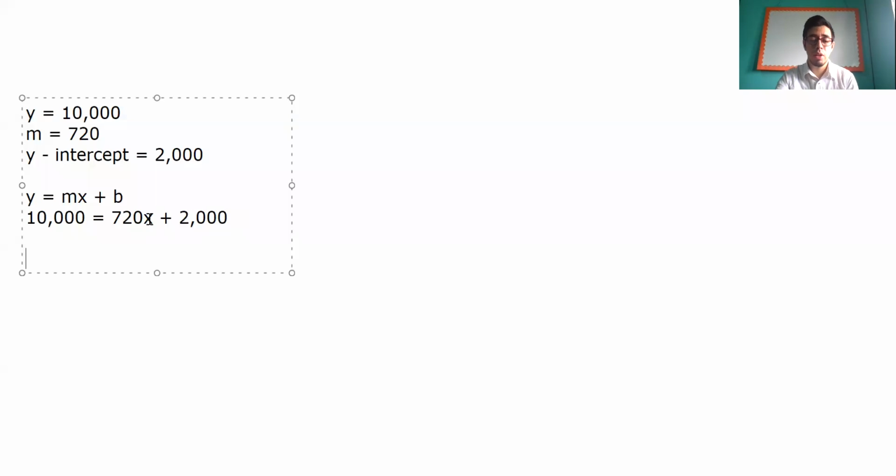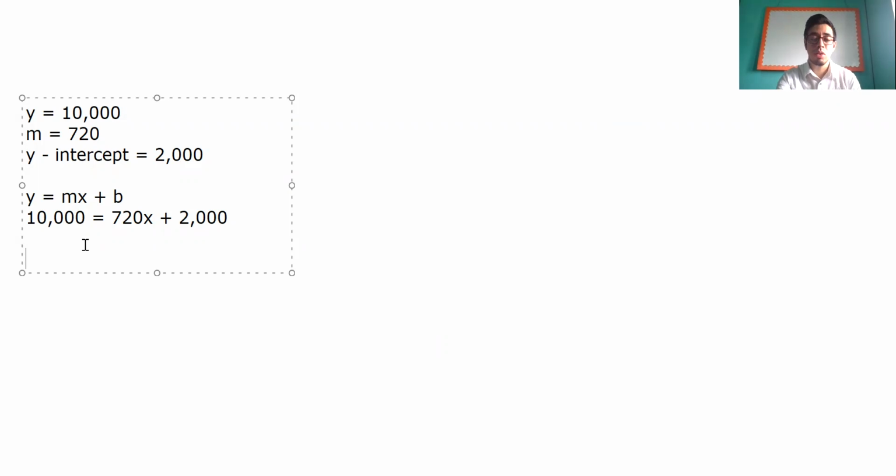And the 720 that is multiplying my variable, you can pass it to the other side to divide. If you look at the book, they don't find the value for x. They only write it like this. But we can find the number of hours. You don't have any problem finding the number of hours because you already learned how to do it in the last chapter of the book, okay?